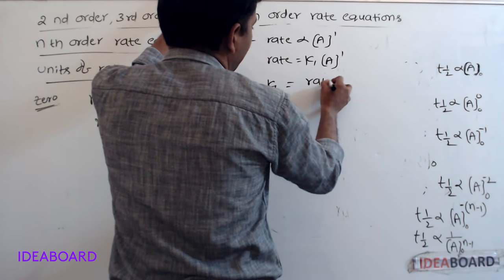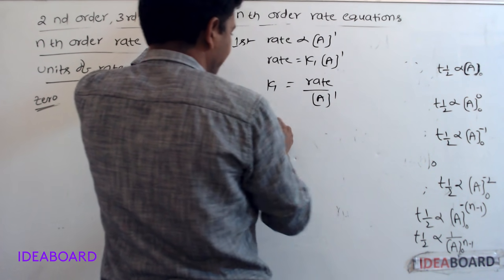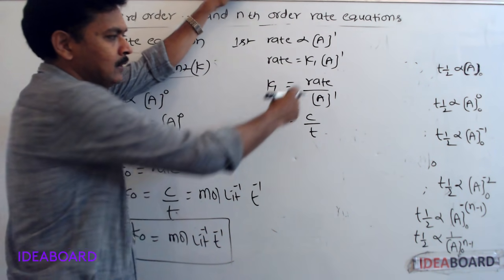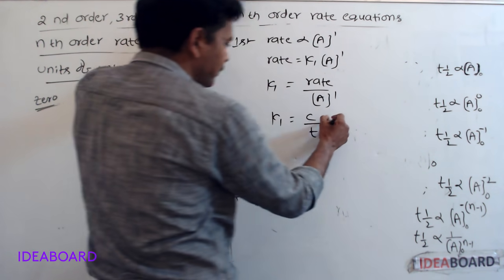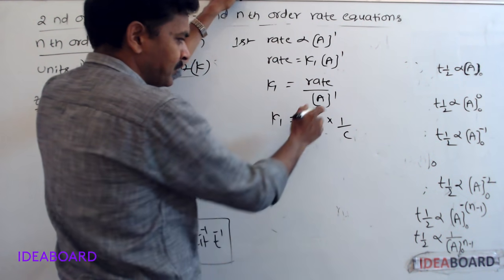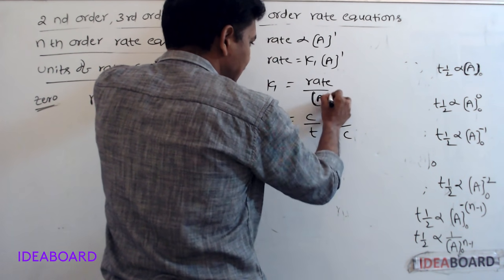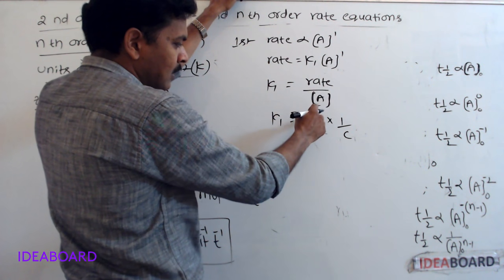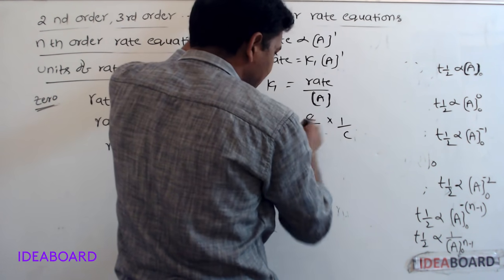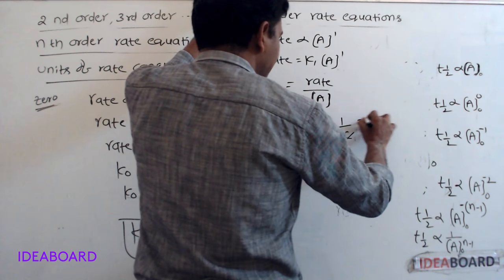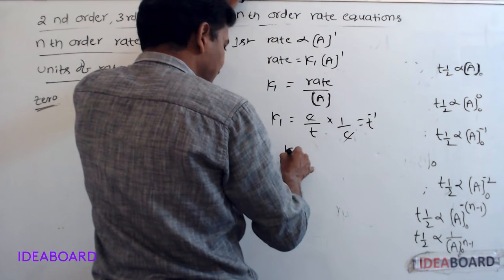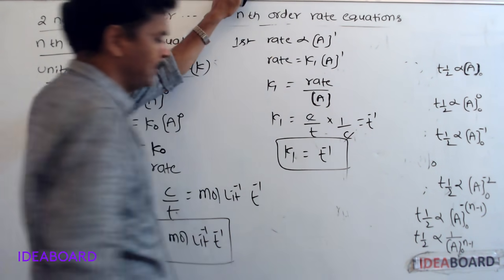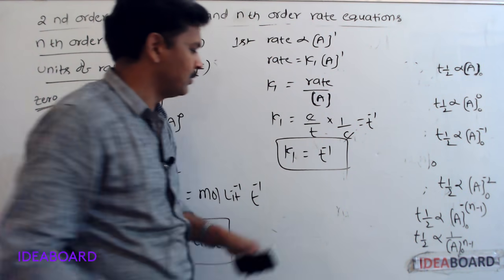K1 is equal to rate by A concentration power 1, that is, rate of reaction units, concentration by time, into 1 by concentration. Concentration will get cancelled. It's time inverse. So first order reaction rate constant units: time inverse.